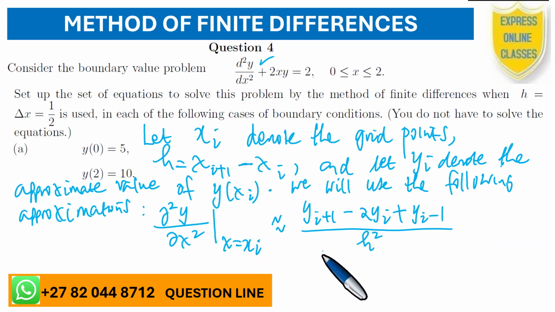So we have the second derivative of y with respect to x like that, at x equals xi.